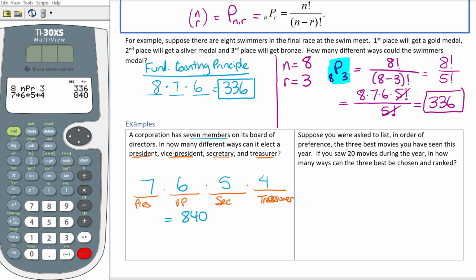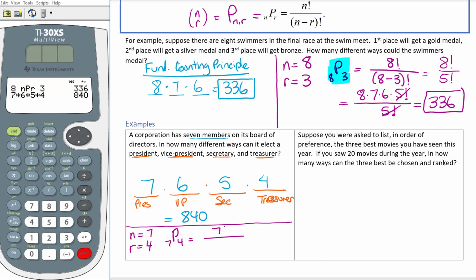Let's go back and do the same problem with the formula. So we're choosing our 4 different people or positions from 7. So 7 choose 4. So I have a permutation of 7 choose 4.